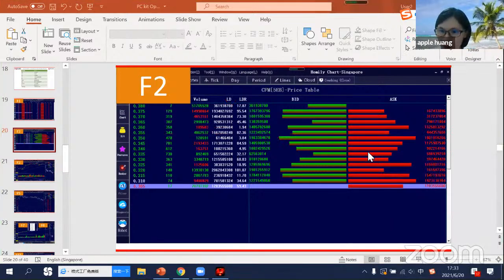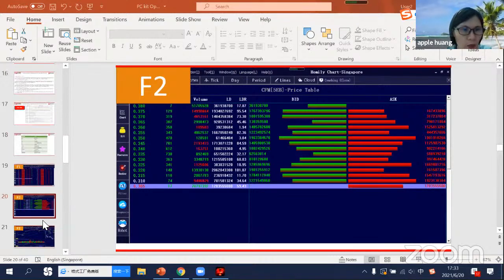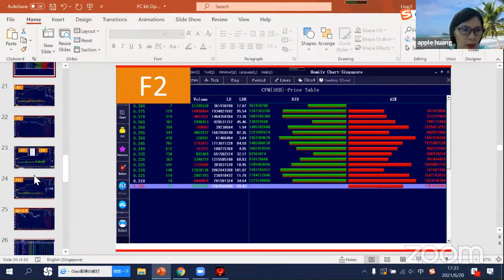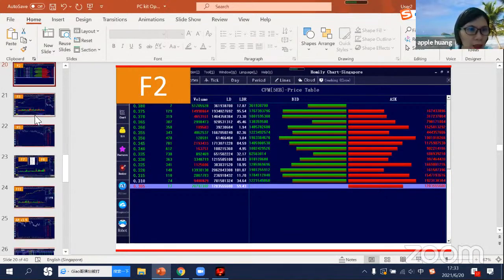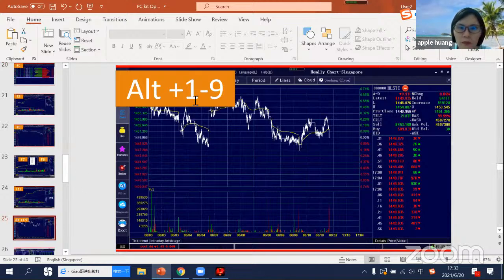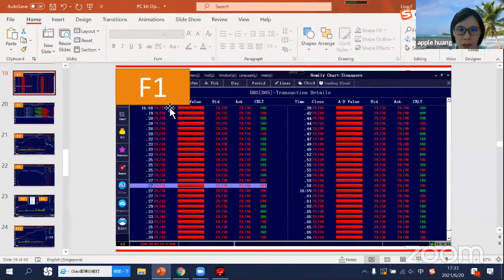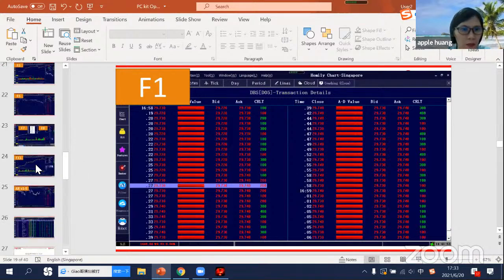Okay. All right. So today we reviewed what is important and what are the useful hotkeys. F2 is useful. Another is Alt plus 1 to 9, which is useful. Less useful, I think, is F1, where you can have the breakdown of the trade detail.